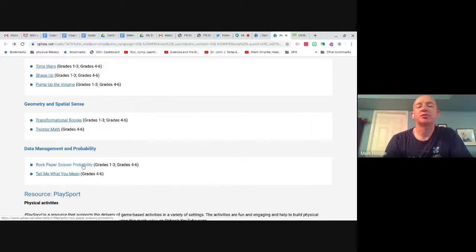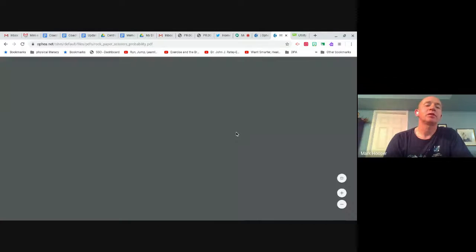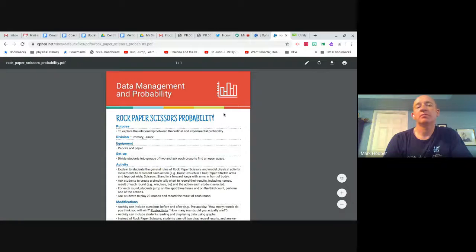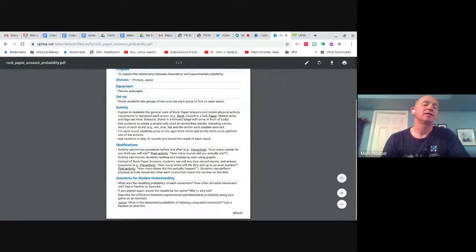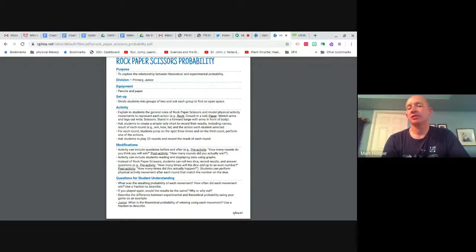I'm a big rock paper scissors person, so this is an example of one of the cards that would come up for rock paper scissors. And the idea is they do rock paper scissors games with each other. And in this case, instead of just doing it with your hand, the rock is a crouch, paper is they stretch their arms and legs wide out, and scissors is they lunge forward with their legs.